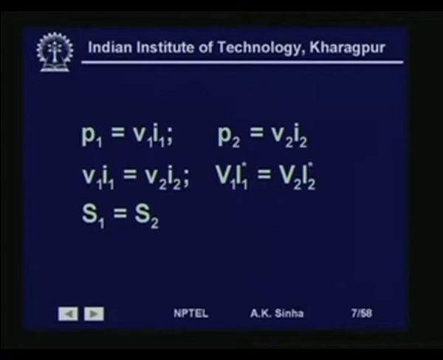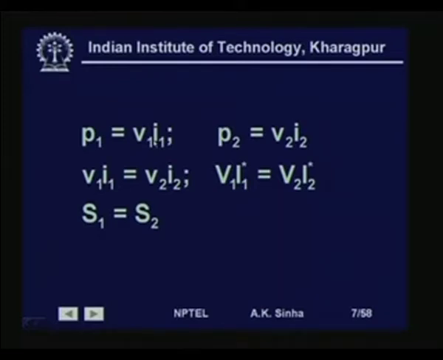So, what do we find for an ideal transformer? The input power is equal to the output power. The instantaneous value of input power, that is p1, is equal to v1 into i1. Now, these small case letters are meant for instantaneous values.